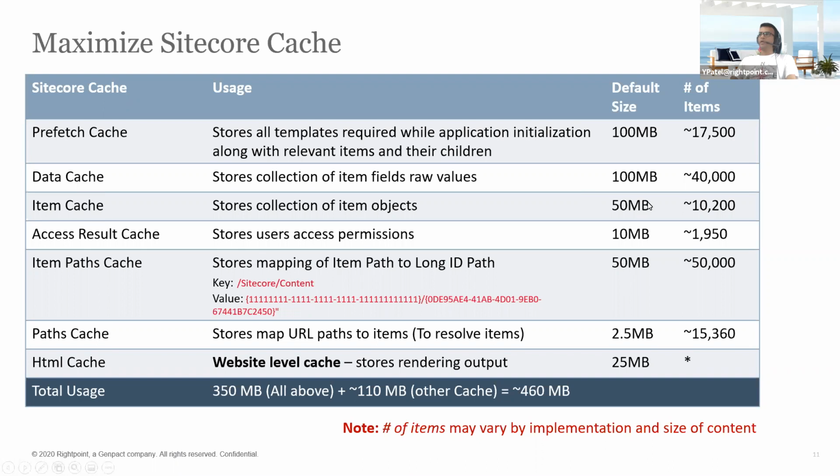So that's how I will give more. And I think Sitecore is also adding more space for the data cache. If you are tuning items cache or data cache, just make sure those are proportionally tuned. So if you make it 500 MB, set data cache to double.